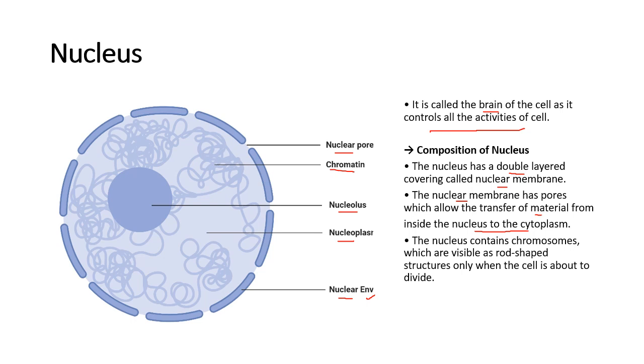So what is the function of the nuclear pore? The nuclear membrane has pores which allow the transfer of material from inside the nucleus to the cytoplasm. The nucleus contains chromosomes which are visible as rod-shaped structures only when the cell is about to divide. We will see the function of chromosomes in the next slide.